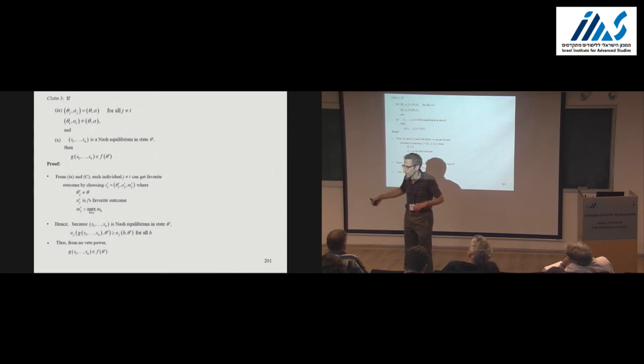So knowing the state is more than you need to know in order to predict other players' behavior. But whatever it takes to predict other players' behavior, that's what you need to do a construction like this.